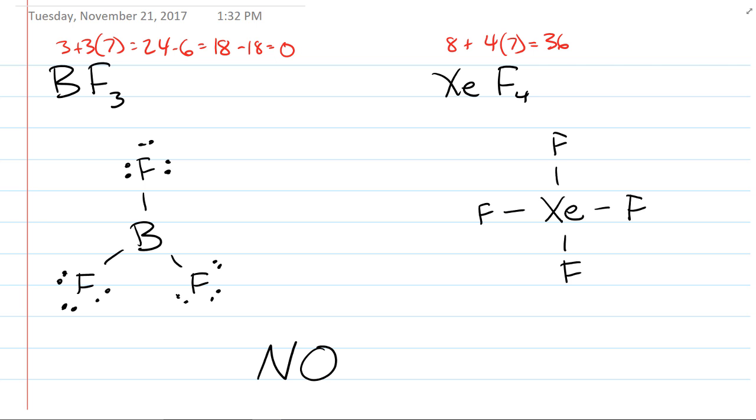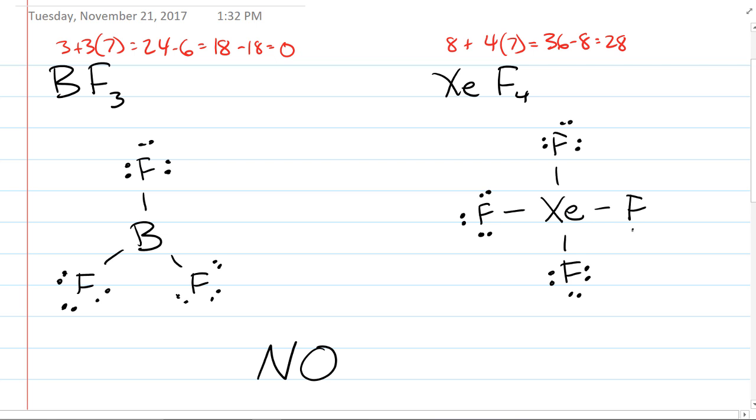At this point, how many valence electrons have we used up? 8, which means we've got 28 left to go. Then we start putting in dots as pairs. Where do the dots go? The fluorine. So put in 2, 4, 6, 8, 10, 12, 14, 16, 18, 20, 22, 24.